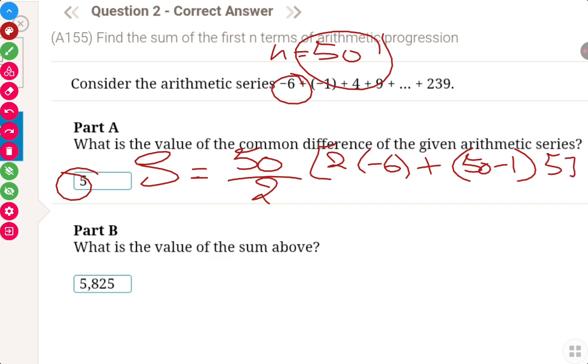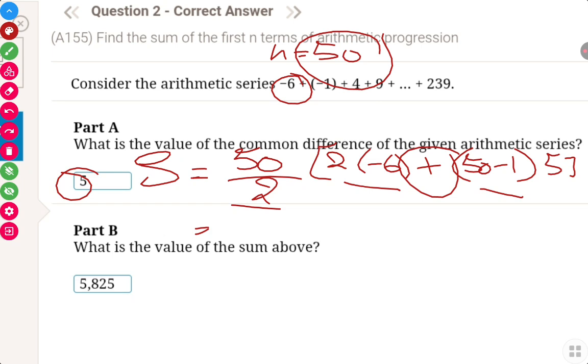You can't type it straight up like this into the calculator. It will give you an error because there's division here, multiplication here, adding. The calculator is not going to know what order to do everything in. So it's better to just do the multiplication and then add it all at the end.